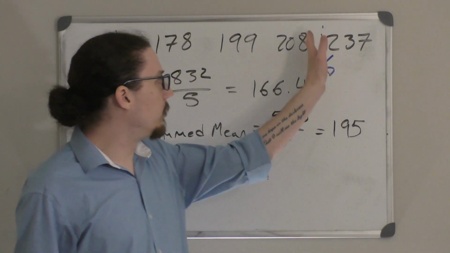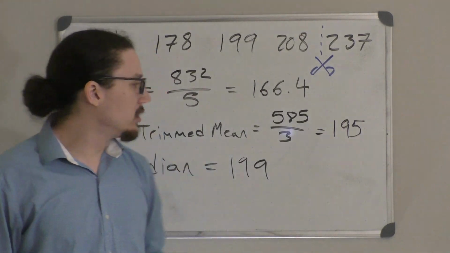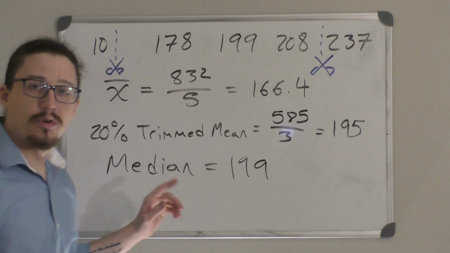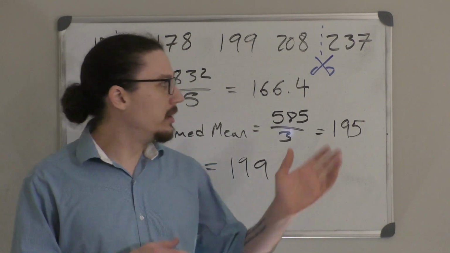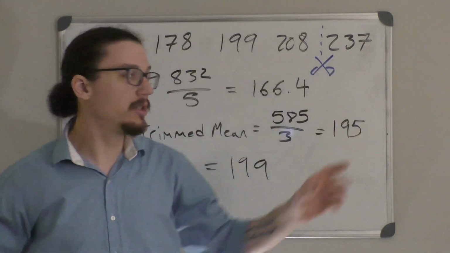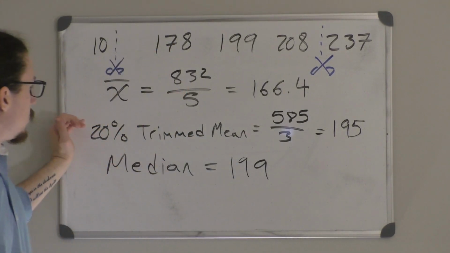So that 10 pulls down our arithmetic mean, it pulls down our average. But it doesn't do that with our trimmed mean because we're cutting out any potential outliers, because those are going to be in the highest and lowest values. If we cut those out, we're less likely to be affected by them.